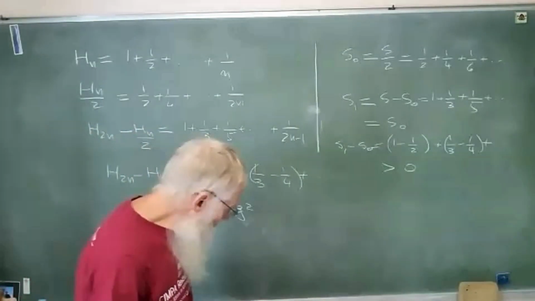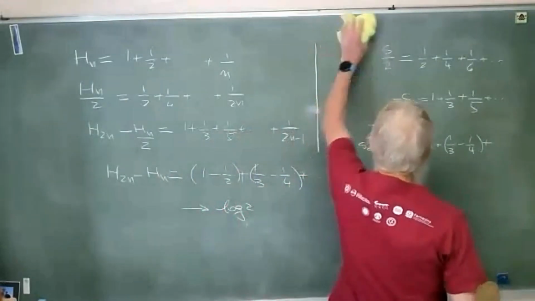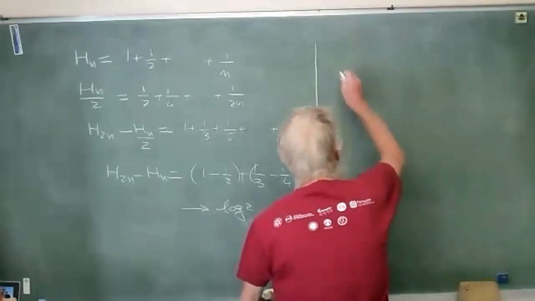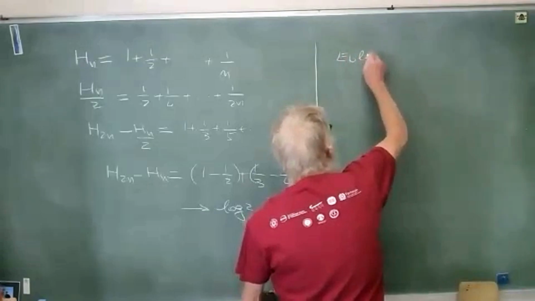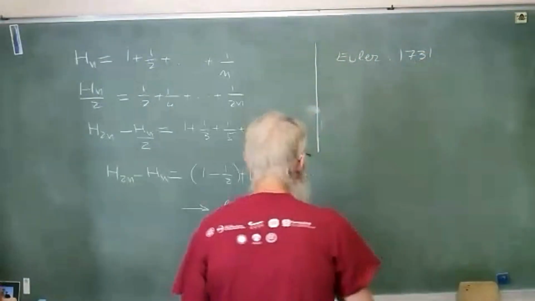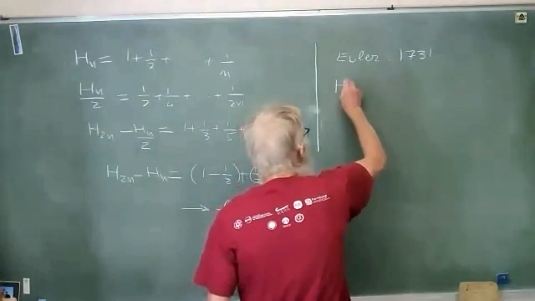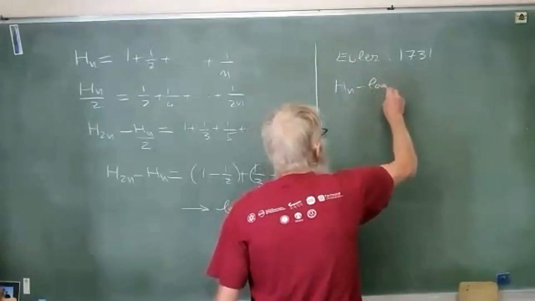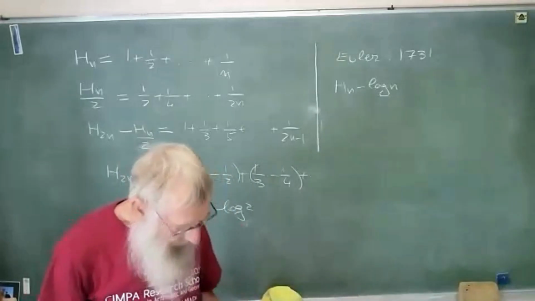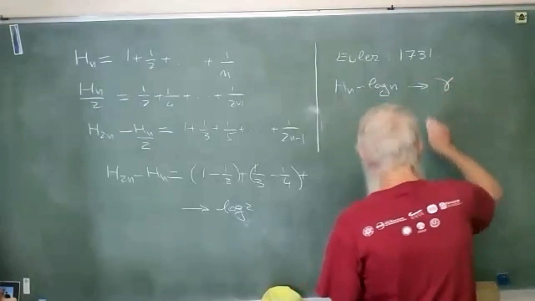And this is something that Euler proved in 1731, which is the fact that Hn minus log n has a limit when n tends to infinity, and this limit is the so-called Euler constant.